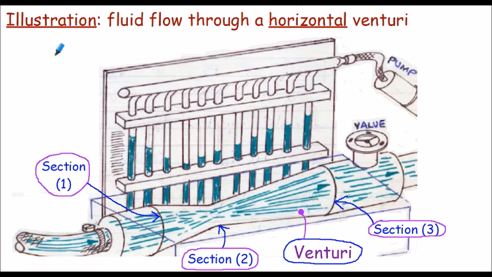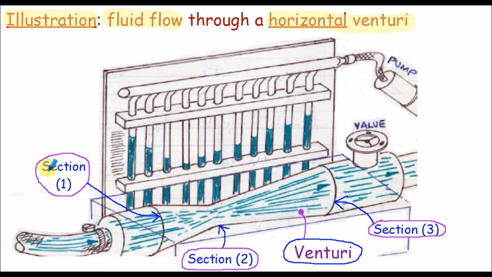So although this presentation considers horizontal pipes, we will find that the pipes have varying section along their lengths. So here's a brief illustration of fluid flow through what's termed a horizontal venturi. This was actually an experiment to confirm Bernoulli's equation, which is beyond the scope of this presentation, but it just shows using the venturi the various sections we'll consider.